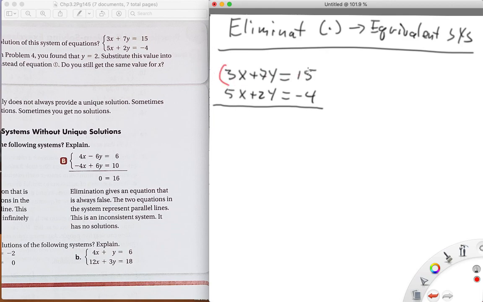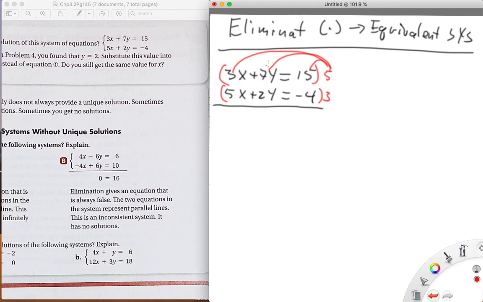What I can do is multiply this whole equation by 5. Down here, I can multiply this whole equation by 3. The reason being is that I'm going to have a 15x over here and a 15x over here, and then I can eliminate the x.